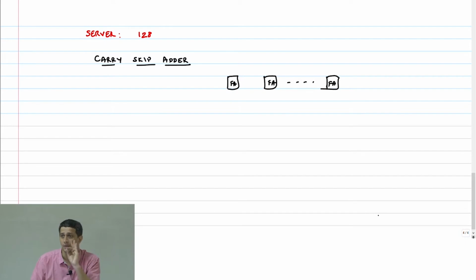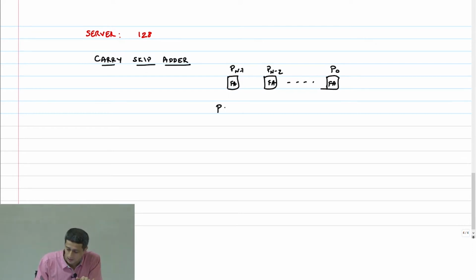Okay. Remember that if any one of the stages in between generates a carry, then you are done. The carry will appear much faster than the worst case critical path. Okay. So if I want to make sure that that worst case propagation is killed, right? All I have to do is take the propagate signals Pn-2, Pn-1, right?